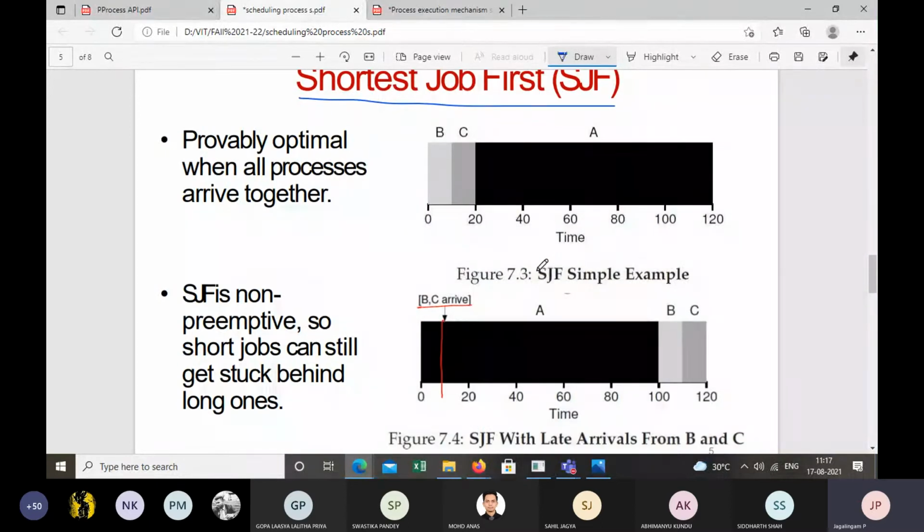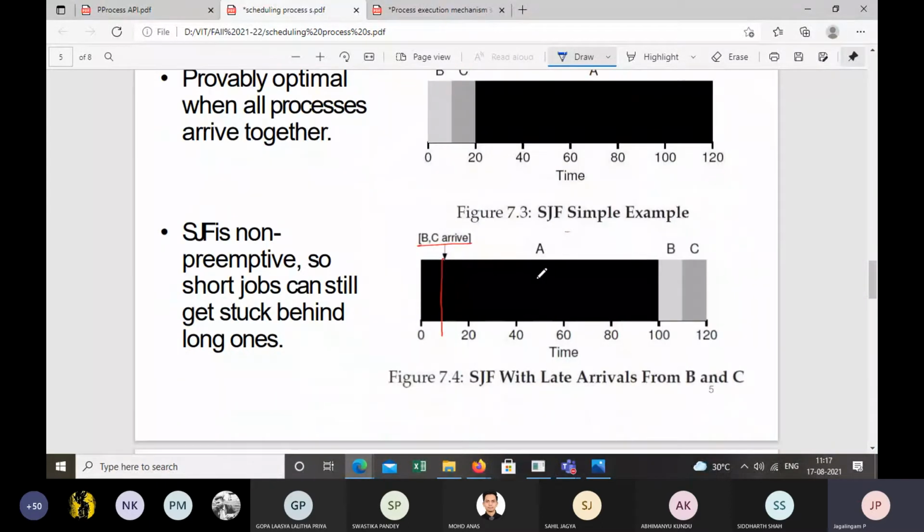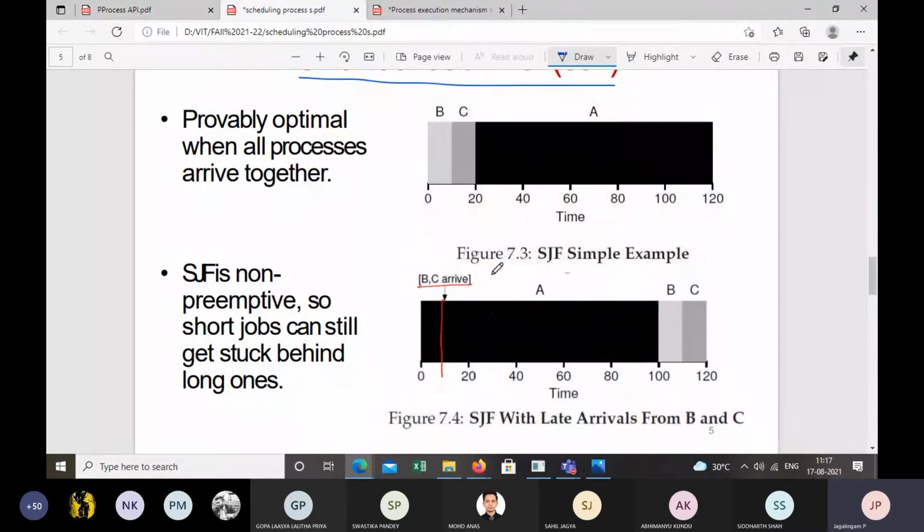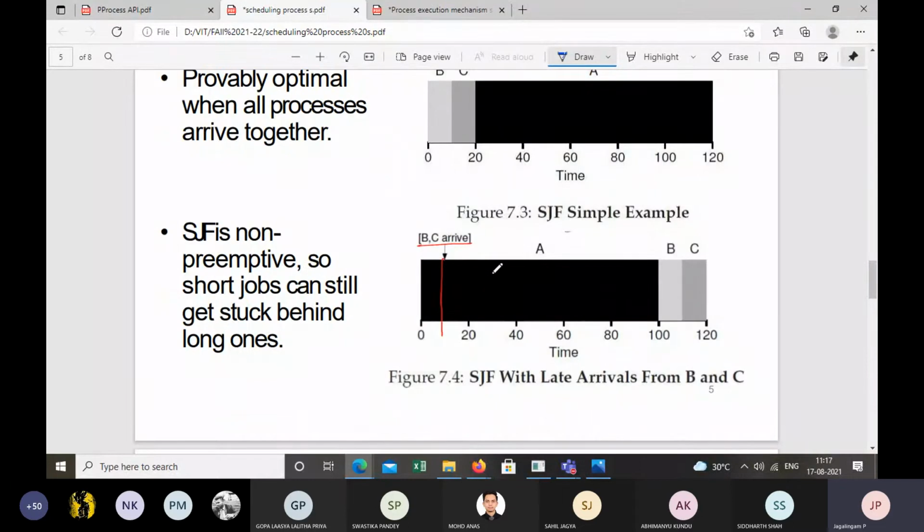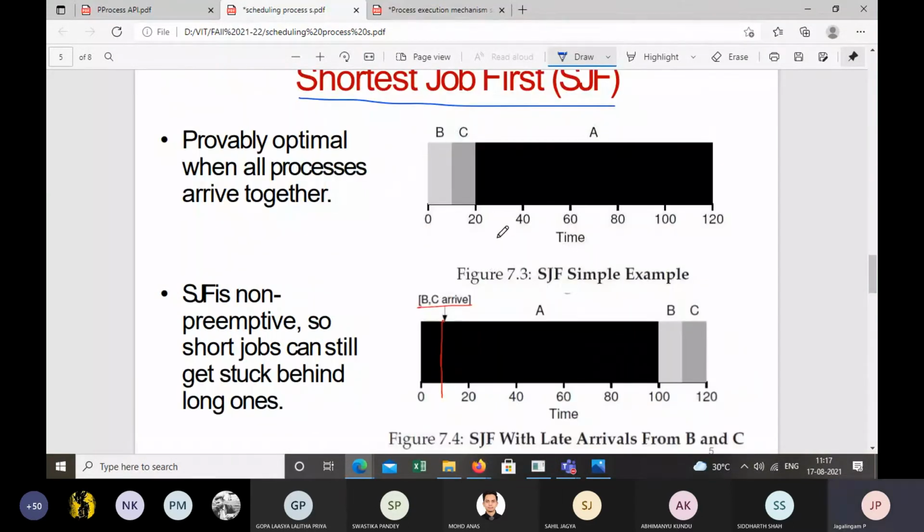Again, you have two figures here. Just have a look, then we'll explain. First, look at figure 7.3. What do you mean by shortest job first? All three processes arrive together in the system.